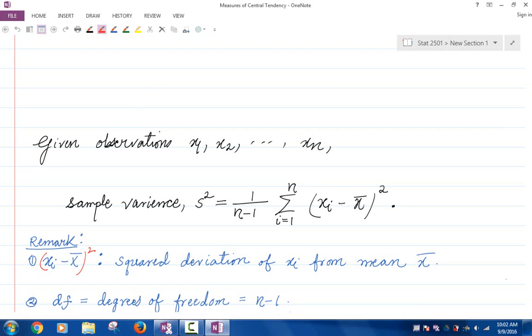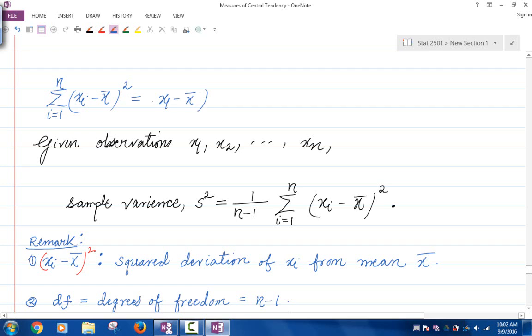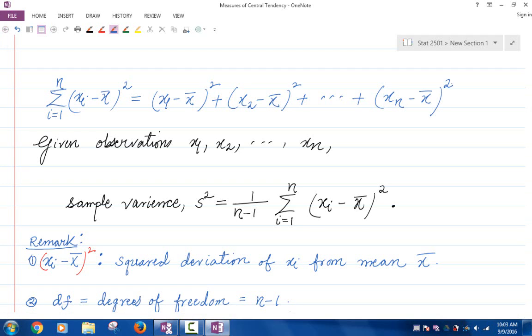The summation i going from 1 up to n of (xi minus x bar) squared is (x1 minus x bar) squared plus (x2 minus x bar) squared plus dot dot dot plus (xn minus x bar) squared. Is everybody okay with that?